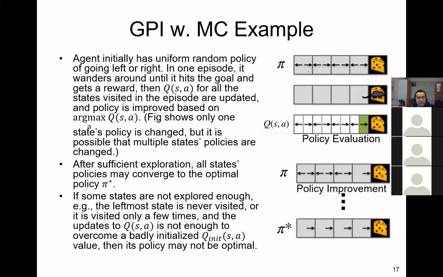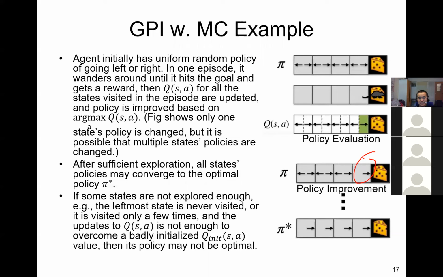Then the Q(S,A) for all the states visited in the episode are updated, and the policy is improved based on the argmax Q(S,A). So the figure shows that only one state's policy, this guy, is improved, but in general, it's possible that multiple states' policies are changed.